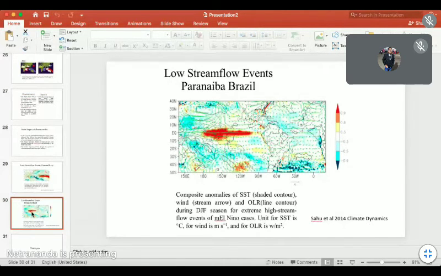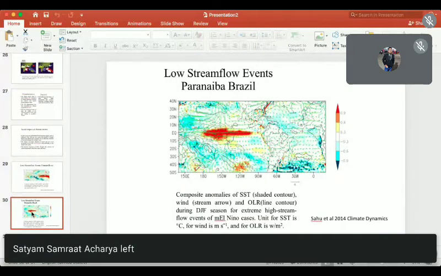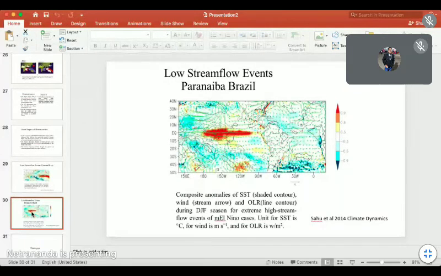Similarly, in the Brazil case also, from the river discharge data I tried to capture the signals and link them with atmospheric circulations like outgoing longwave radiation and zonal wind. You can find in this figure some arrows going; these show the direction of winds. There are also contour lines.